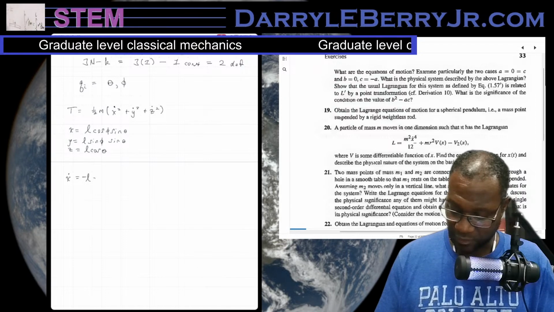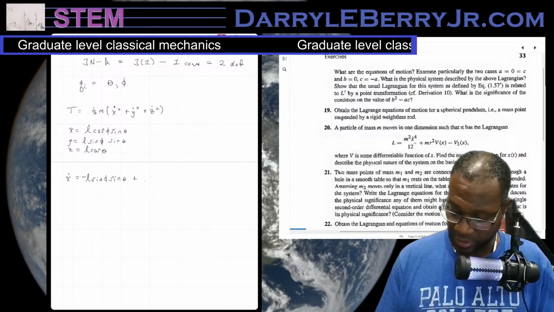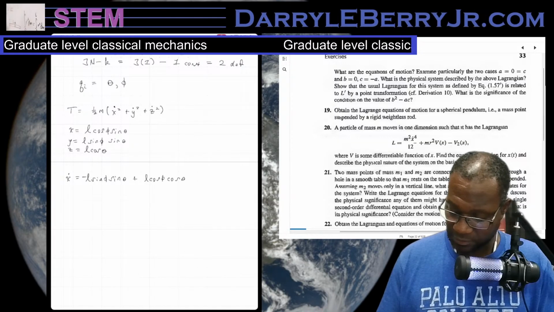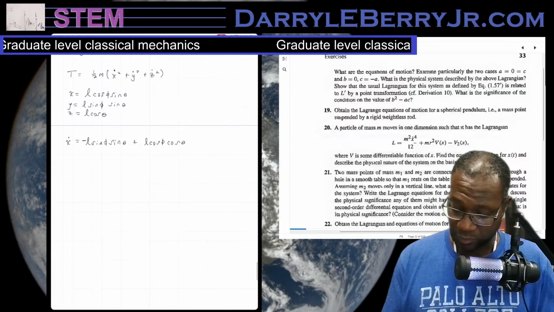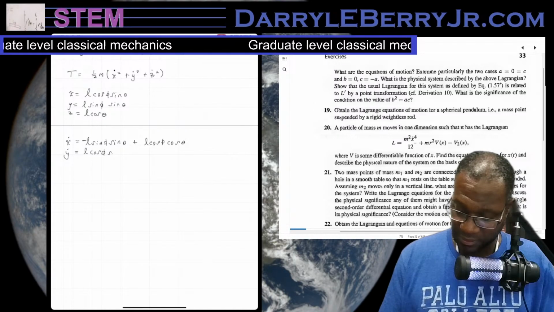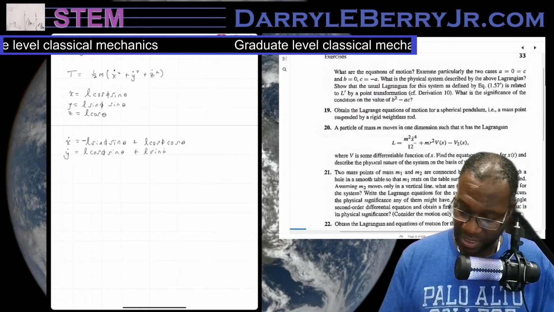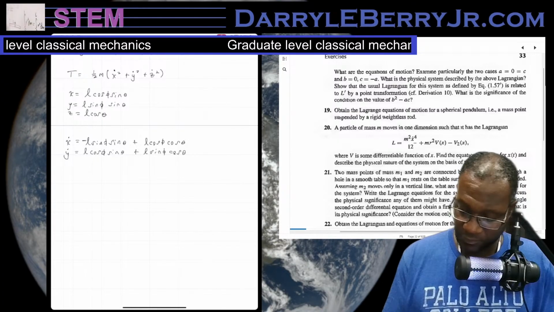So x dot is negative L sine phi sine theta phi dot plus L cosine phi cosine theta theta dot, using the chain rule. y dot equals L cosine phi sine theta phi dot plus L sine phi cosine theta theta dot.